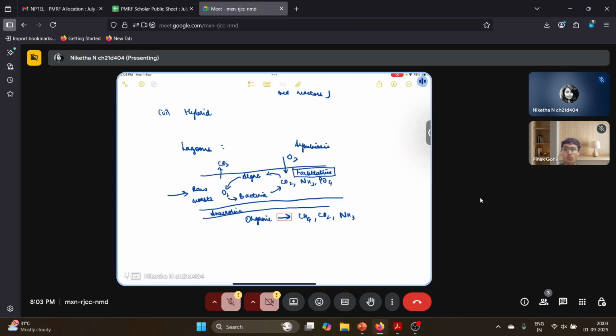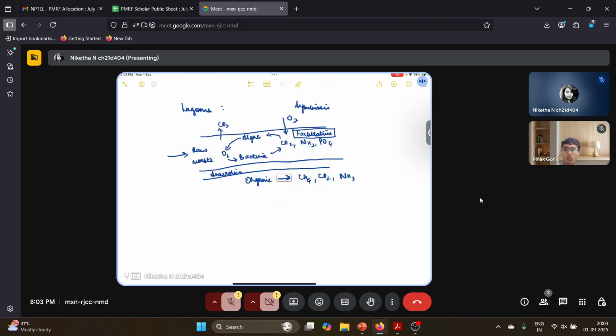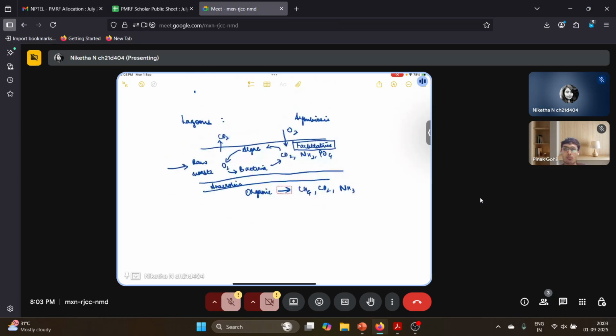So oxygen may not be produced by algae alone. Oxygen can also enter the wastewater from the surface by mixing. The advantage of having a lagoon is that it is low cost and the design is also very simple.